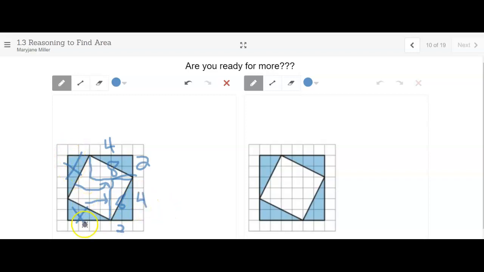So now with cutting these off and moving them, rearranging them to make 2 rectangles, I have a rectangle of 8 plus 8. 2 rectangles, which gives me a total of 16. So now you come up with a different way to rearrange this shape.